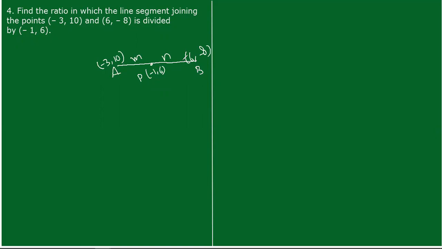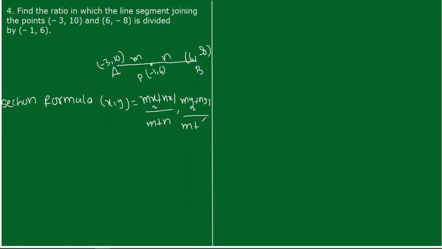So let's write the section formula. (x, y) is equal to ((mx2 + nx1)/(m + n), (my2 + ny1)/(m + n)). Okay, now let's apply the formula.